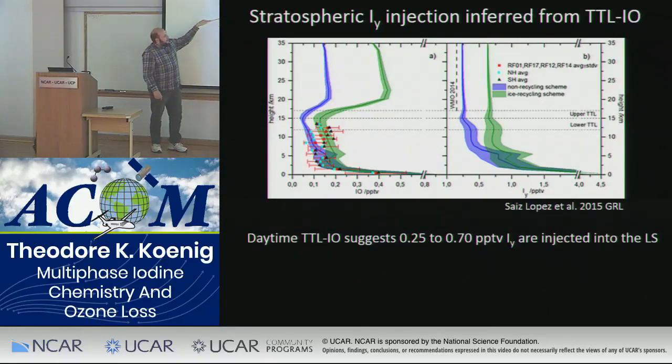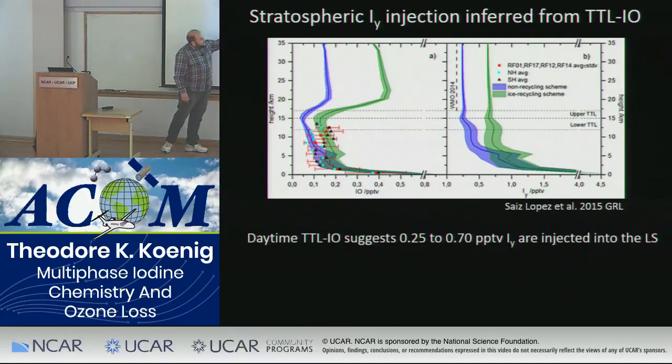A case where we allow iodine to recycle on ice surfaces, and a case where we say, okay, iodine is actually going to be lost to the ice surface, and the result is that as we go up in the troposphere, we're going to have a slow loss process. Roughly speaking, it's ambiguous which of these two cases is true here, but if we go to the Iy, you can see that the prediction that's consistent with this is well above this WMO limit.